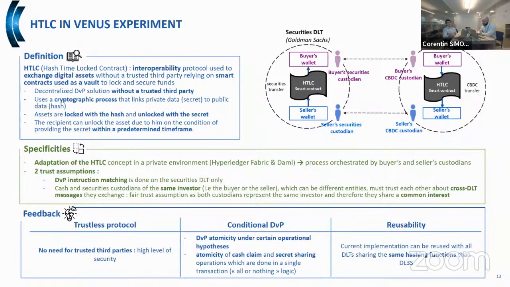Because as we saw previously, if an asset has not been claimed before its timeout, it is returned to the original owner. So yeah, HTLC does not achieve technical atomicity, but it is fair enough to say that we have DVP atomicity under certain operational hypotheses.